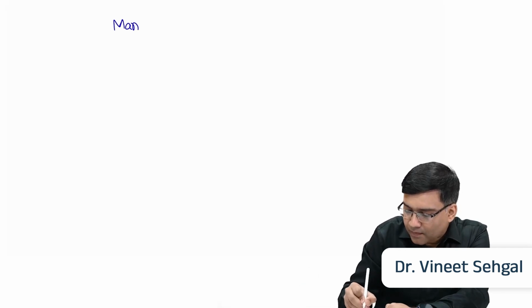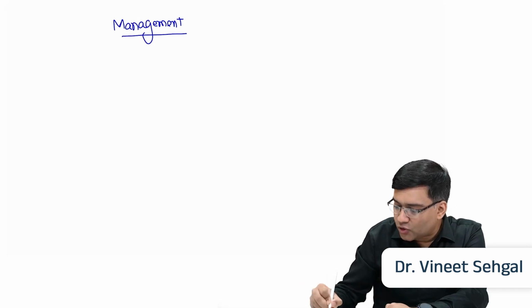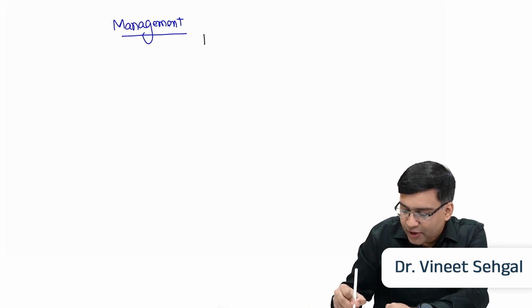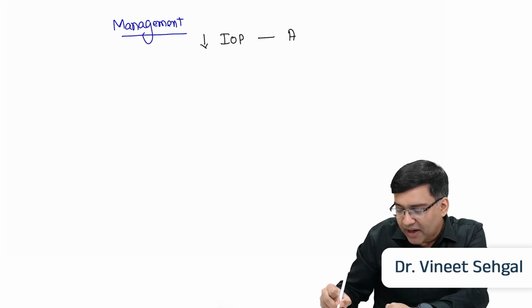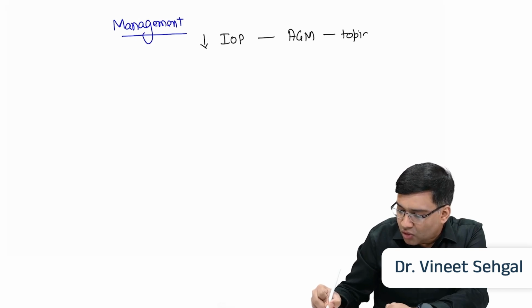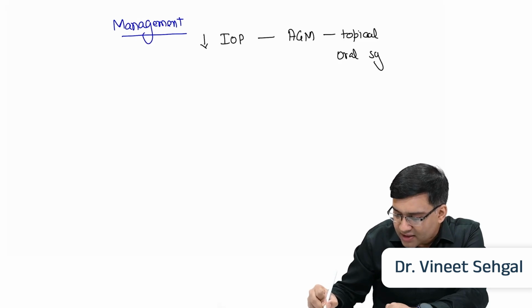Now comes what is the management. Remember, whenever we talk about the lens induced glaucoma, the first thing that we do is we decrease the intraocular pressure. By the help of anti-glaucoma medications, we can give topical or oral or systemic anti-glaucoma medications.